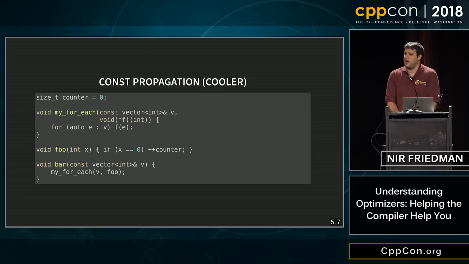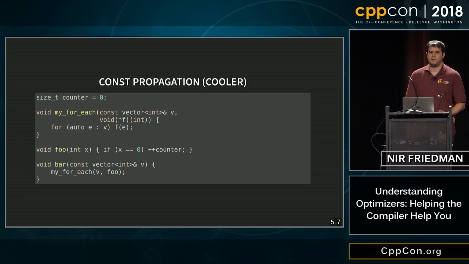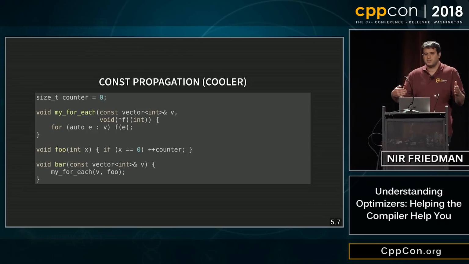Because it has to be correct no matter who calls it and no matter what value of f is passed. So to you, it seems like I'm passing foo. Why aren't you inlining me? Well, that's why. Because you can't const propagate across this function boundary. If you inline my for each, then all the code is in one scope, right? It's one big chunk, and now the compiler can do some stuff, right?